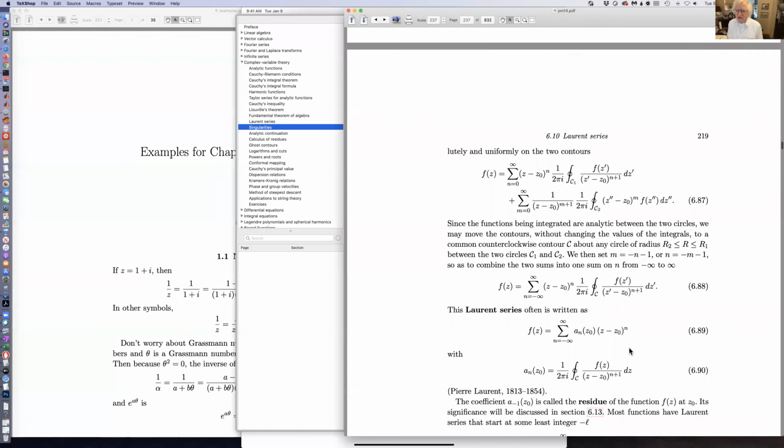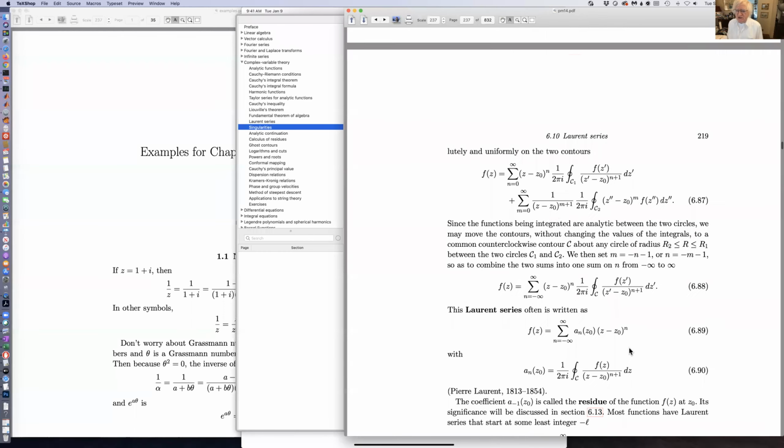The surprising thing about it is that all the scary singularities don't matter, and we just need to find the principal residues, add them up, multiply by 2 pi i, and that's the actual value of the integral. Okay, I hope that's okay.